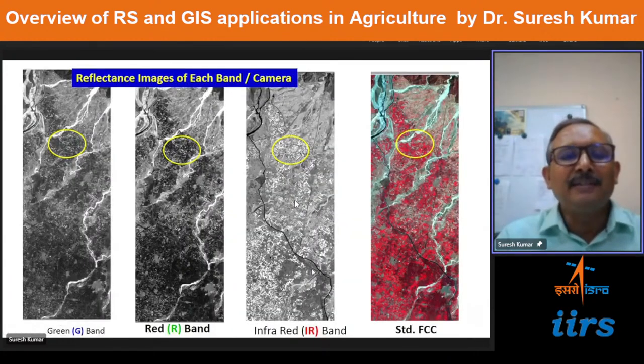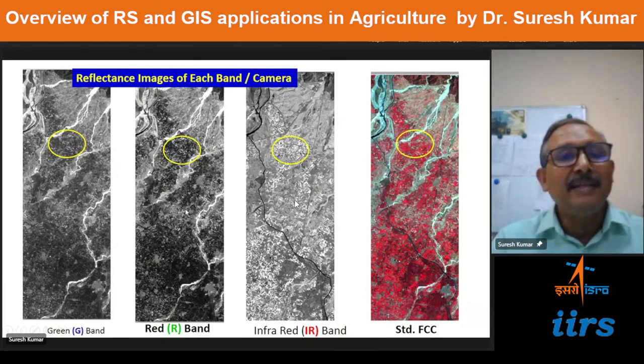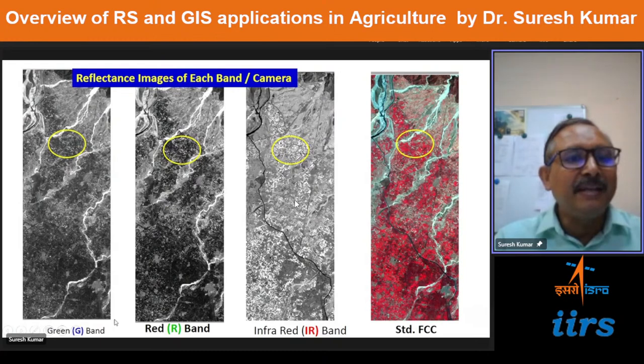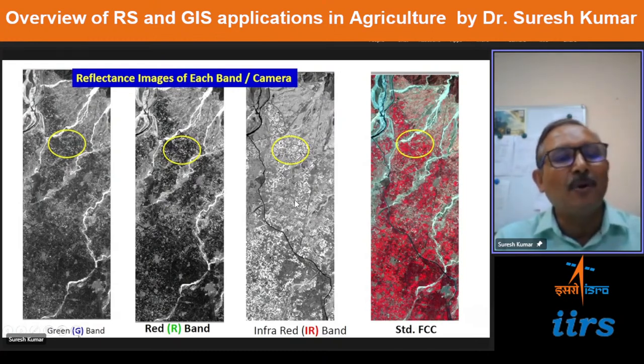Here I show you the satellite data when we obtain it in different wavelength regions. This is the satellite data of one area which I have obtained in the green band.